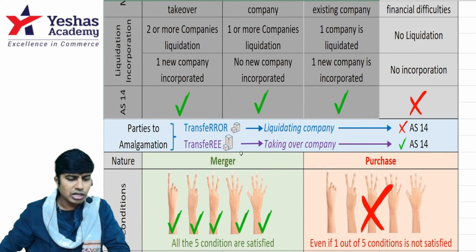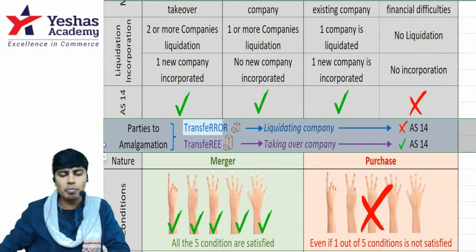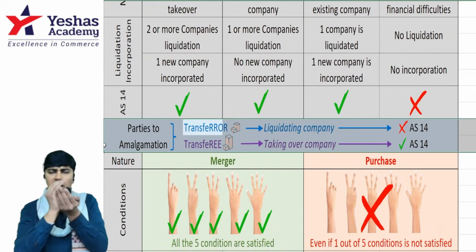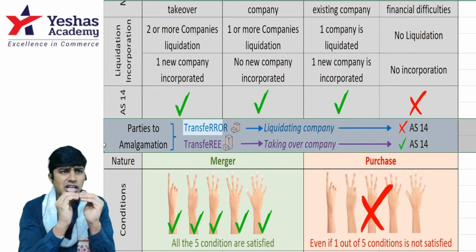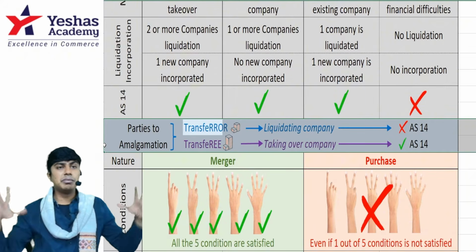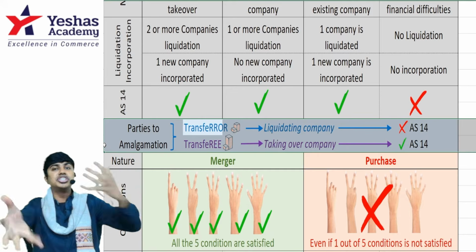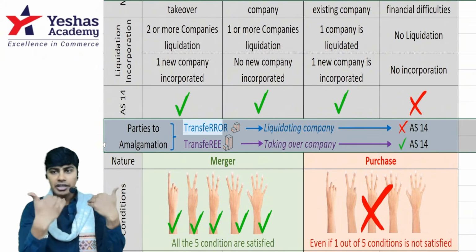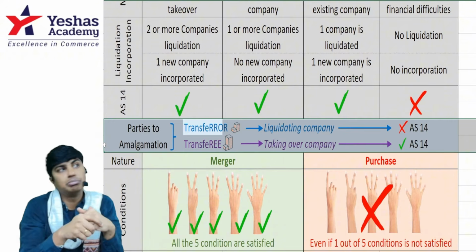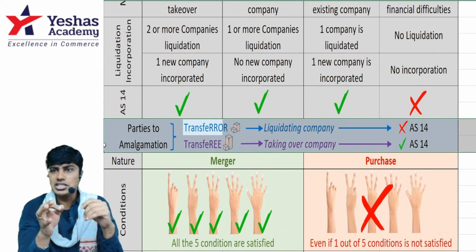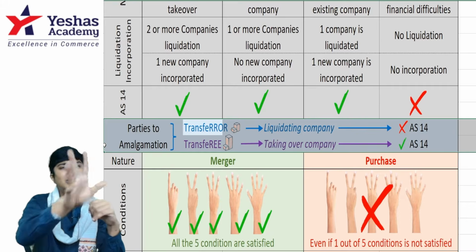Going forward. Now, when we see amalgamation, there are two parties in amalgamation. One, the small company which is getting wound up, which is being liquidated, which is being taken over. That is called the transferor company. The big company which is taking over the business, which is receiving the assets, is the receiving company, with two E's, the transferee company. Accounting standard 14 is applicable to the transferee company, not to the transferor.